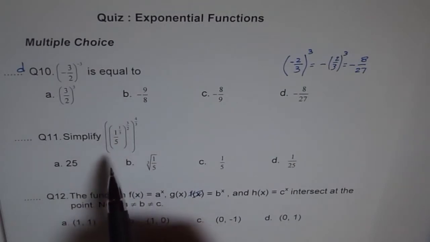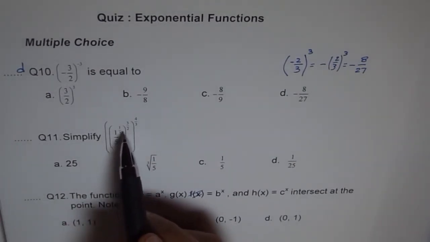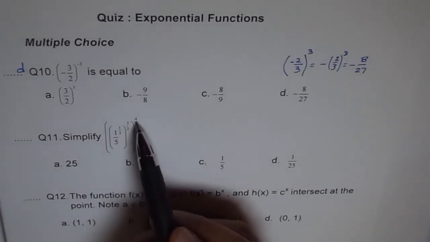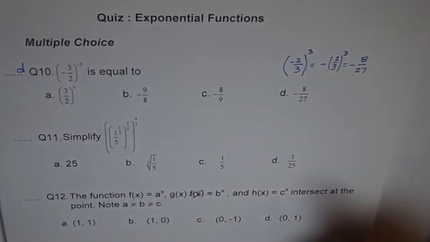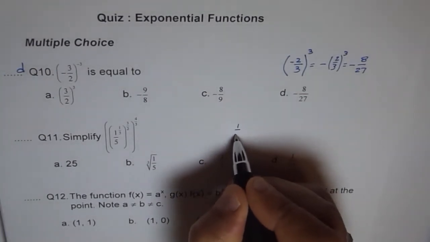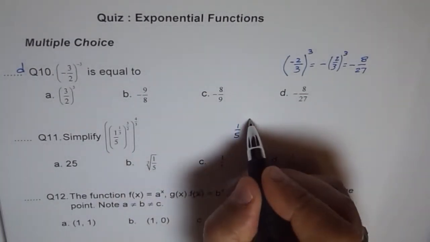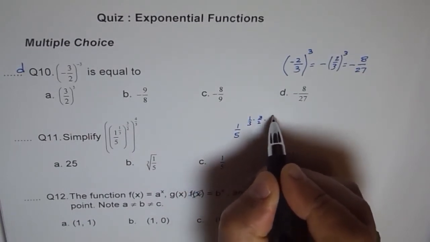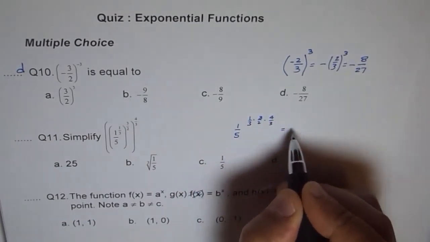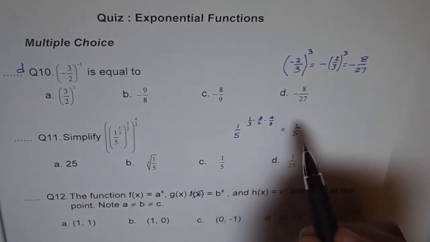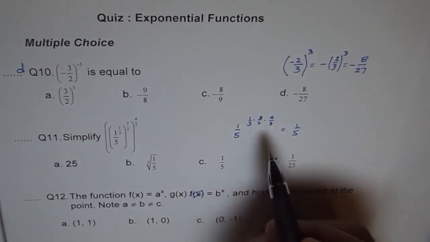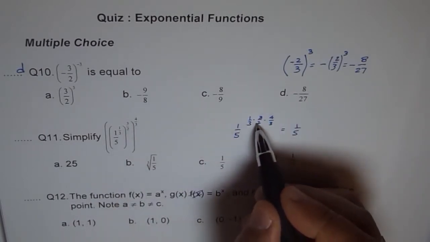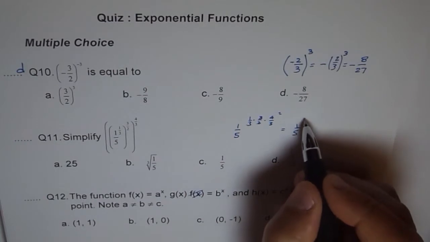Next one. Simplify 1 over 5 to the power of all this. Now see, exponent of an exponent of an exponent, they all get multiplied. So it is 1 over 5 to the power of 1/3 times 3/2 times 4/3. The 3 and 3 cancel, and the 2 goes into 4 two times, so we get 2 over 3 here.